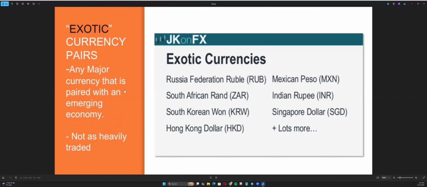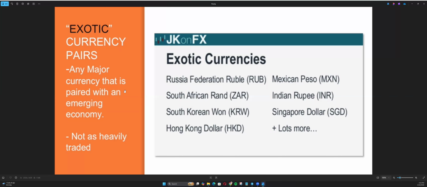Exotic currency pairs are any major currency that is paired with an emerging economy. So when a major currency like USD is paired with an emerging economy, right? Like the South African rand, the South Korean won, the Hong Kong dollar, the Singapore dollar, the Indian rupee, the Mexican peso.